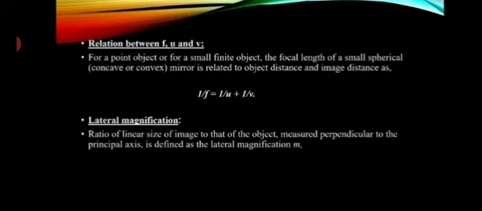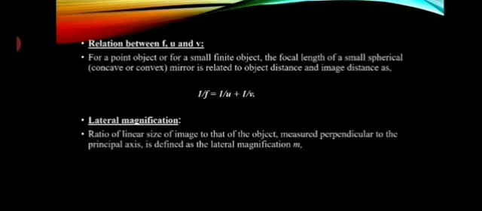The next is lateral magnification, which is the ratio of the linear size of the image to that of the object. Magnification is nothing but whether the image formed is enlarged or diminished. It is measured perpendicular to the principal axis and is called the lateral magnification, denoted by m. m is the size of image upon the size of object.